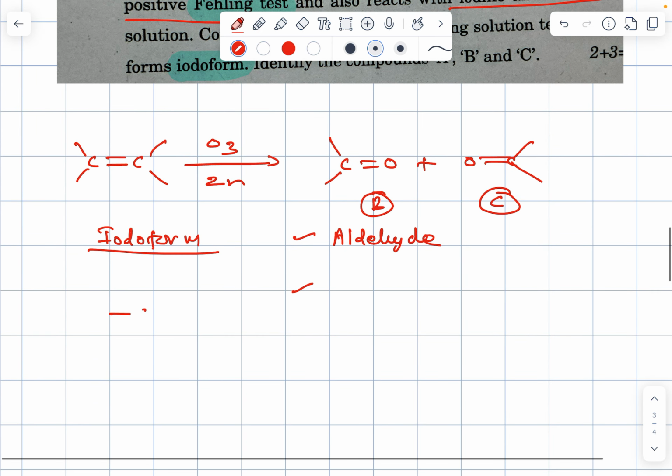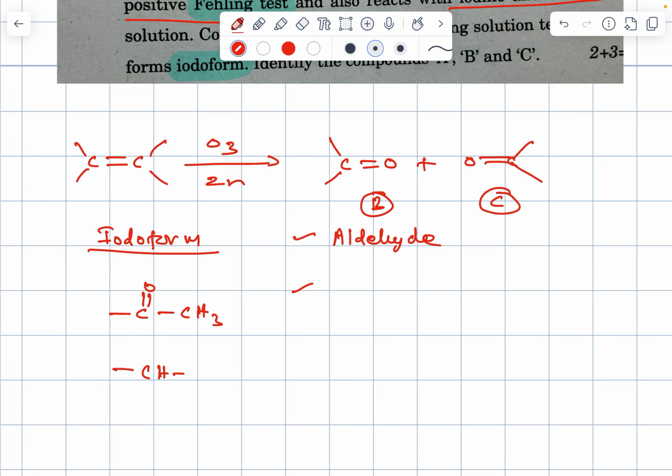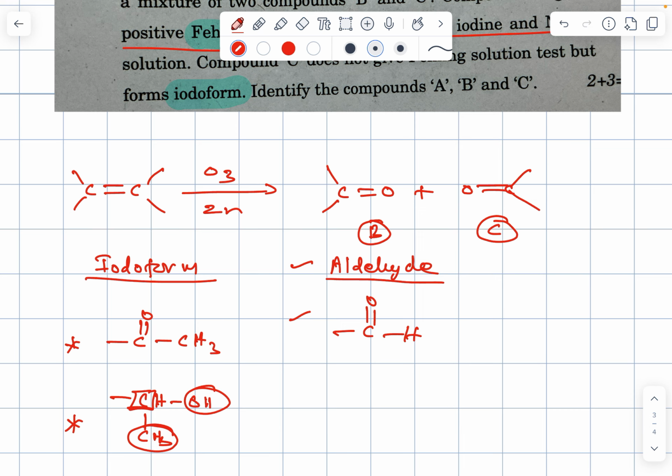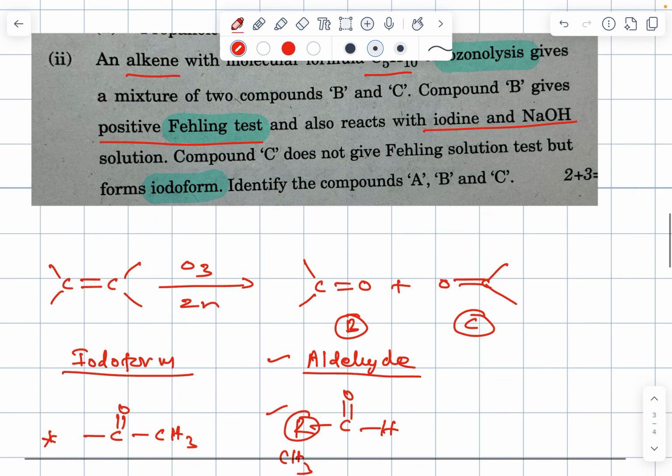A carbonyl functional group attached to CH3, or in an alcohol, a methyl group and a carbon with an OH group. This is the main confirmation for the iodoform test. So obviously this is an aldehyde, meaning in that aldehyde the R group must be CH3.